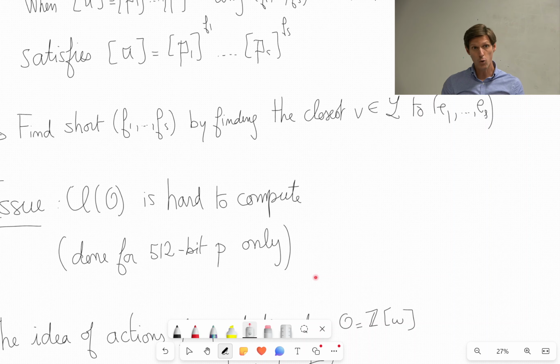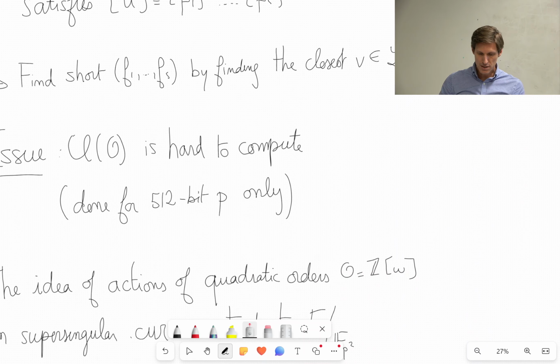So we hope, in fact, that integers are hard to factor, and because we're using essentially the same methods to calculate the class group, we're also hoping that calculating class groups is hard. So they did it for a 512-bit p, which is already pretty heroic, and nobody knows how to do better.